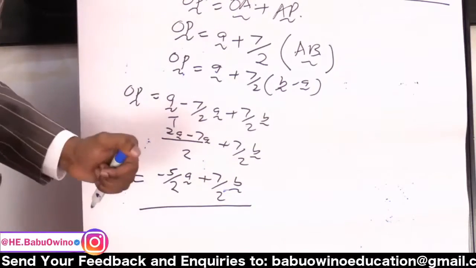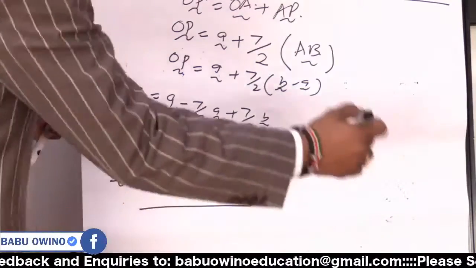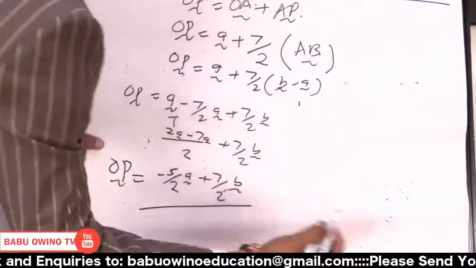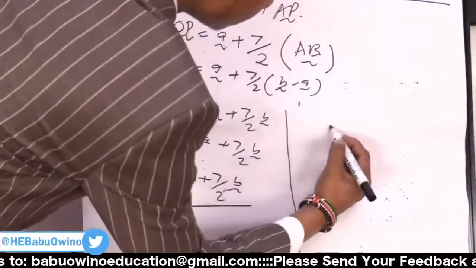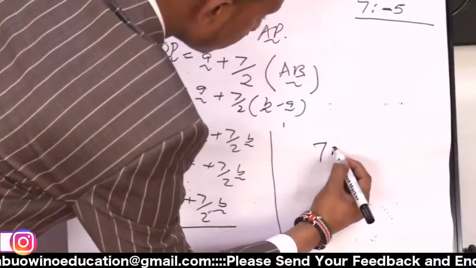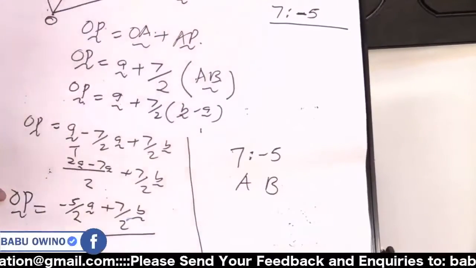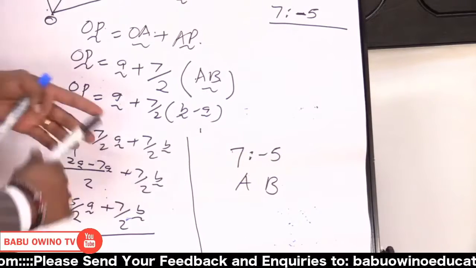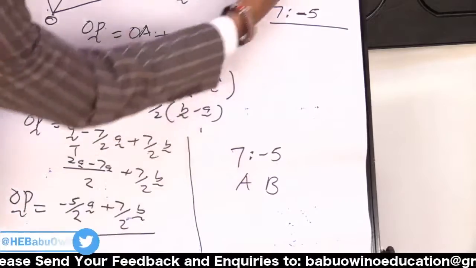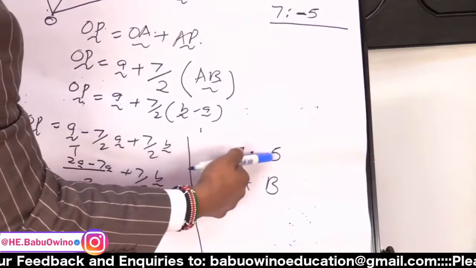Remember the ratio theorem? Without going through all this process, with the ratio theorem, write your ratio here, 7 is to minus 5, then divides line AB. I told you that P divides line AB in the ratio of 7 is to negative 5.